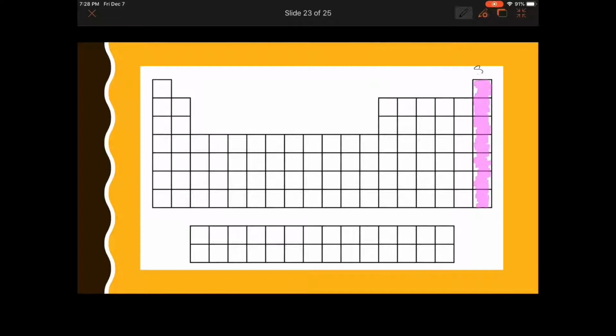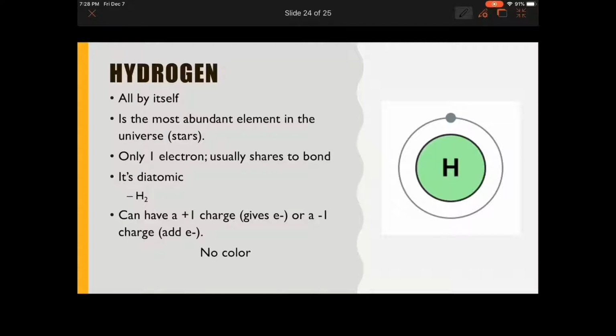The note that you could write here is that you could write there stable or do not bond or +0 -0. Whatever you want to write to help you click that these do not like to react if they don't have to.